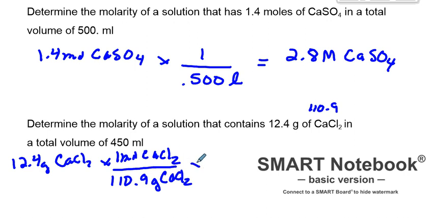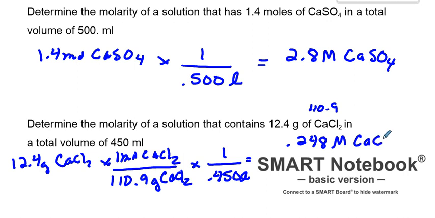And then I'm going to multiply that by 1 over my liters. 1 divided by, now remember I have to divide this by 1,000 again, move it 3 decimal places to the left, and that's 0.450 liters equals, and that gives me a concentration then of 0.248 moles per liter. Now remember, I'm just going to put a capital M because that's what molarity stands for, CaCl2, just like that.